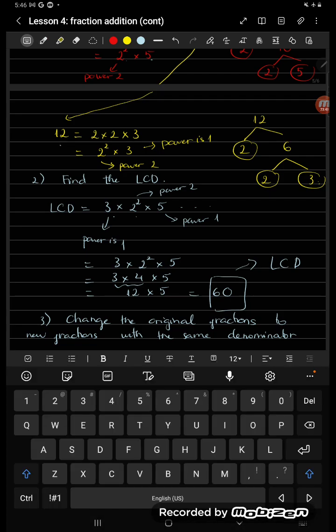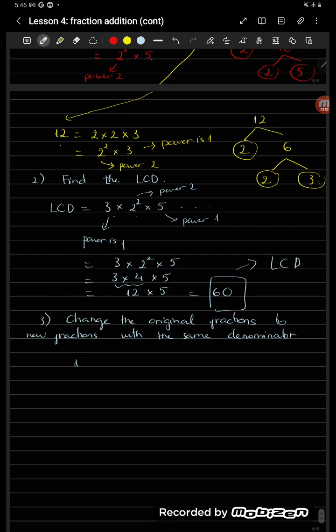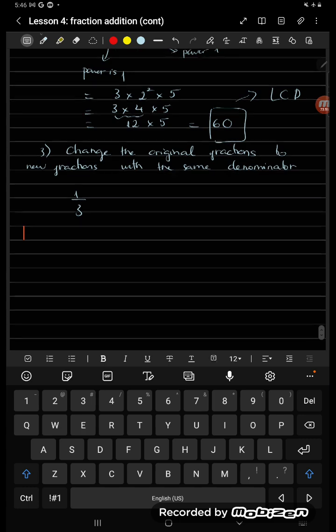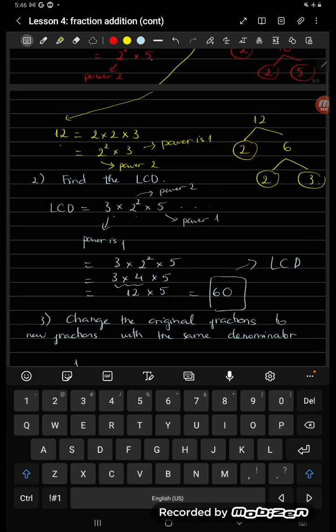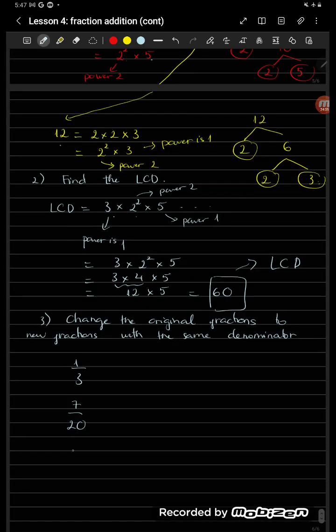So now let's go back here. We have 1 over 3, we have 7 over 20, and then we have 5 over 12.